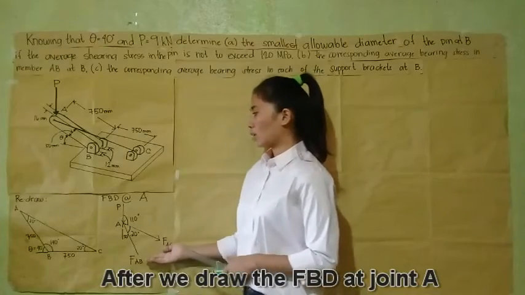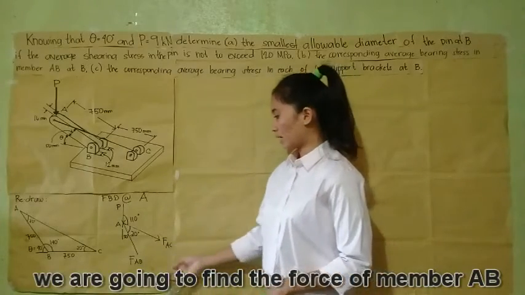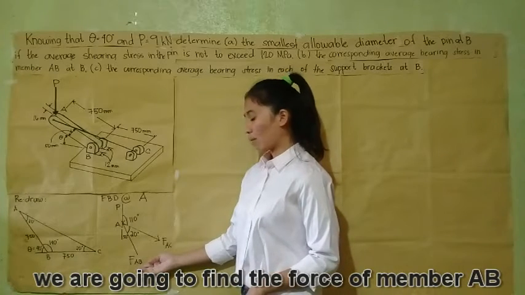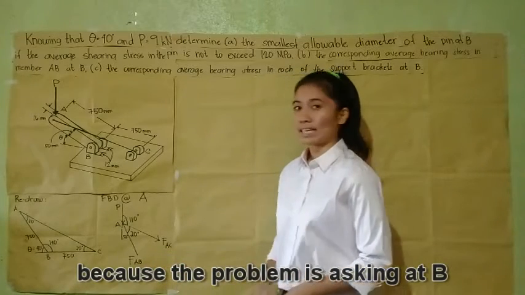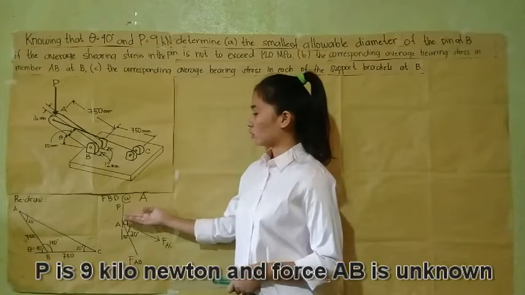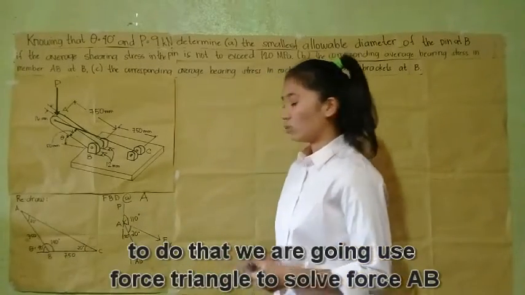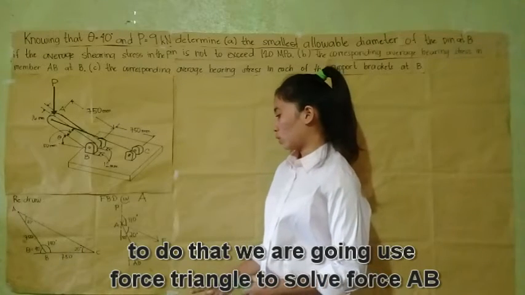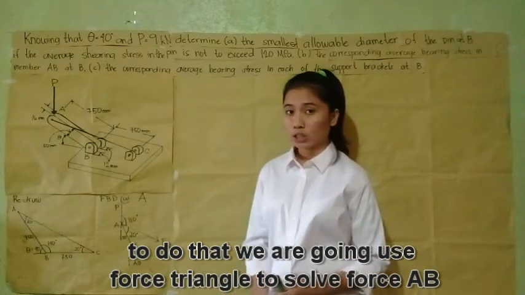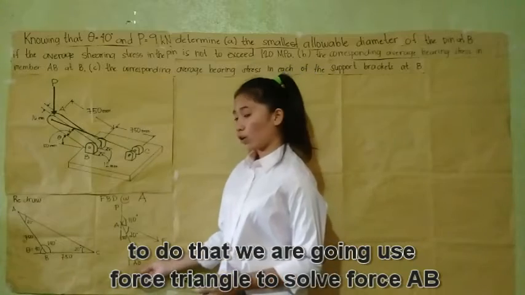So after we draw the FBD at A, we're going to find the force at member AB because the problem is asking for B. So P is equal to 9 kilonewton and force AB is still unknown. So to do that, we're going to draw a force triangle to solve force AB.